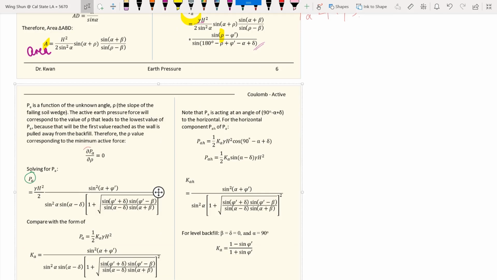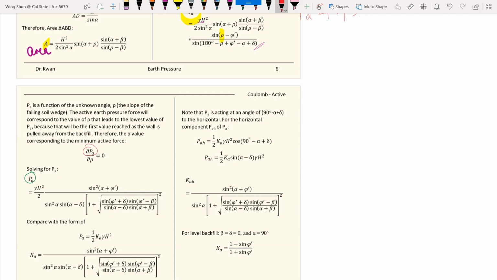If we differentiate P sub A, the resultant force from the wall, with respect to the angle, we should get the minimum active force to mobilize the wall. So if dP divided by the angle is equal to 0, then we should be able to identify the minimum active force.